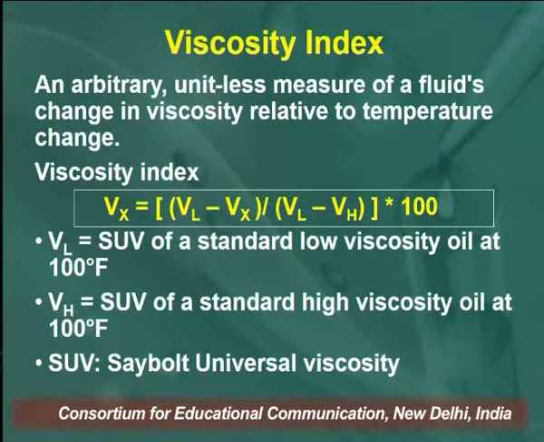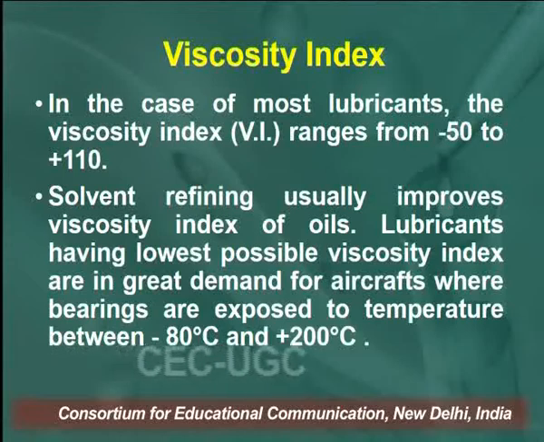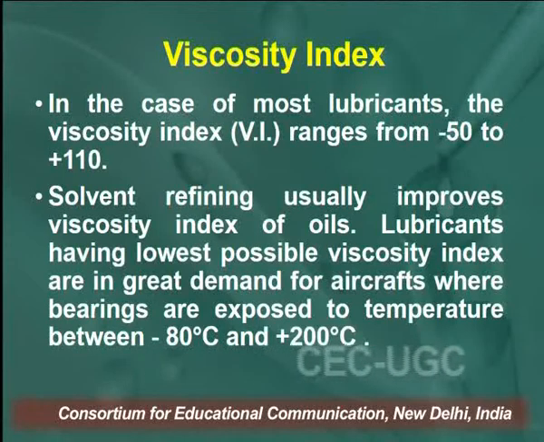and it is given by the formula (VL minus Vx) upon (VL minus Vh) into 100, where VL and Vh are the Saybolt universal viscosity of standard low viscosity oil and standard high viscosity oil at 100 degrees Fahrenheit. In the case of most lubricants, the viscosity index ranges from minus 50 to plus 110.